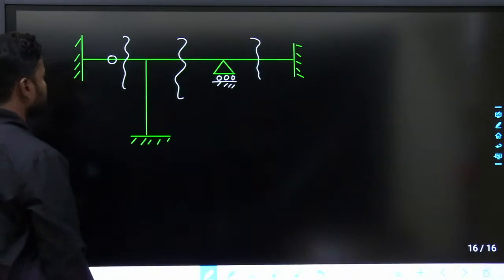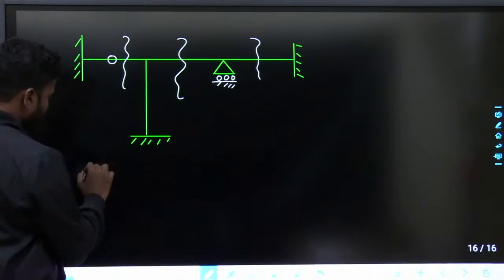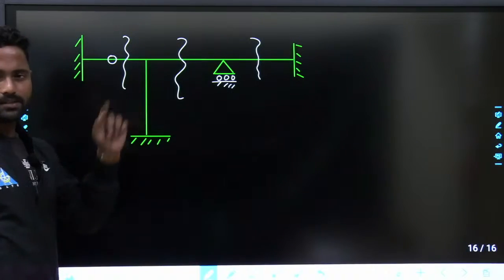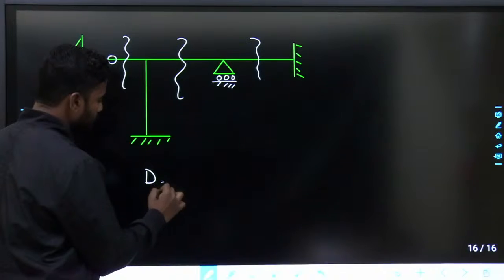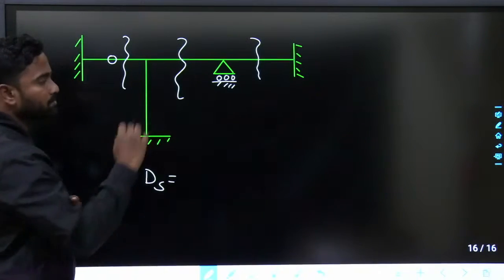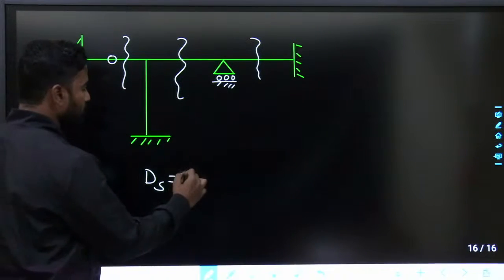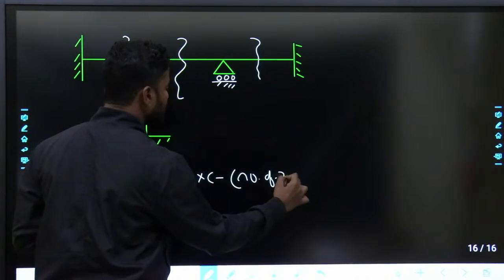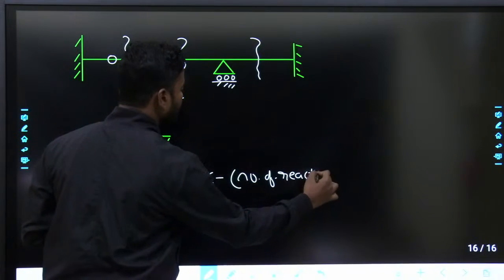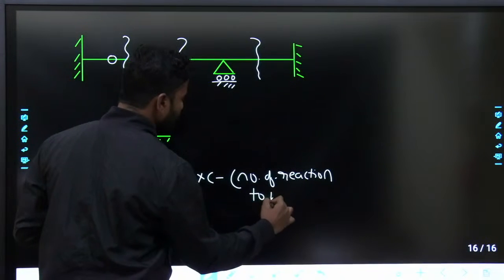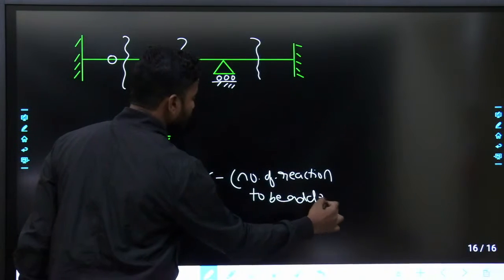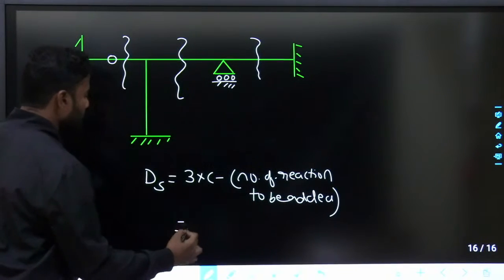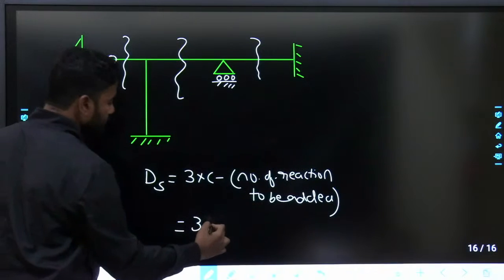So 3 cuts if I do, take this part separately. ds is equal to 3 times cuts minus number of reactions to be added, 3c minus number of reactions to be added. 3 times number of cuts is 9.